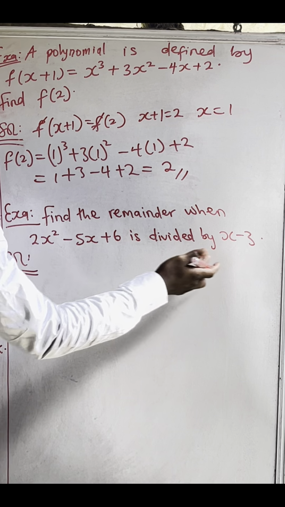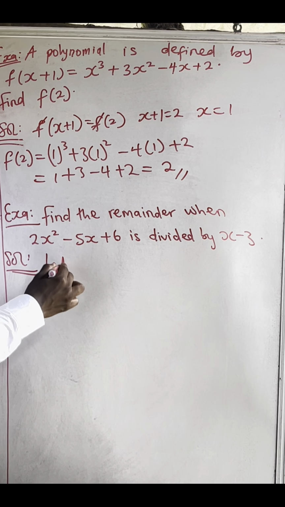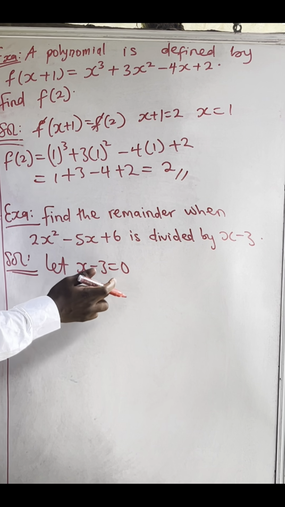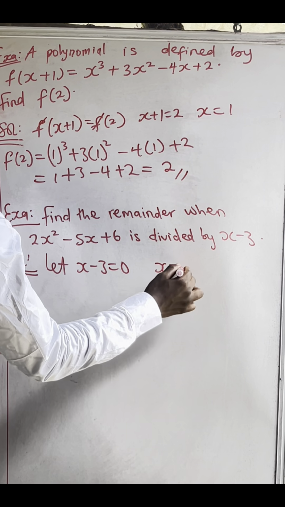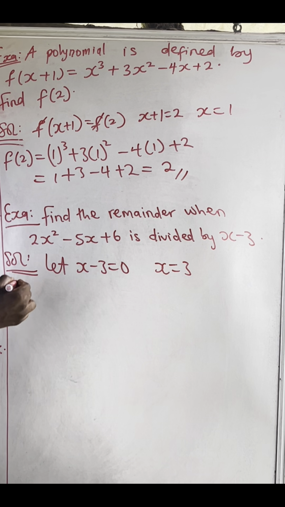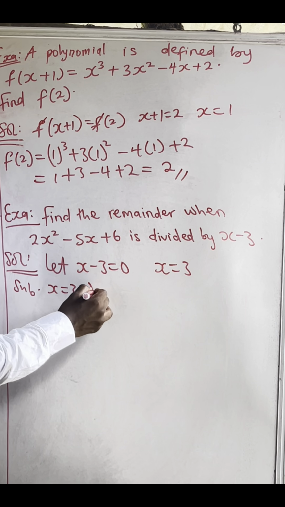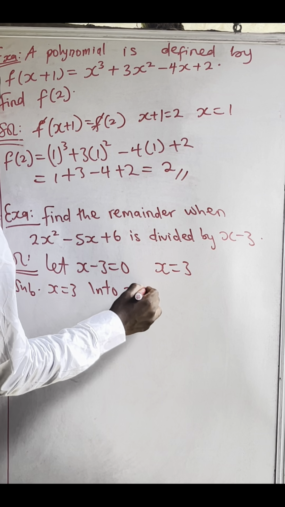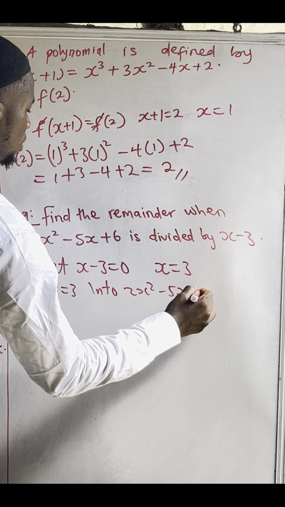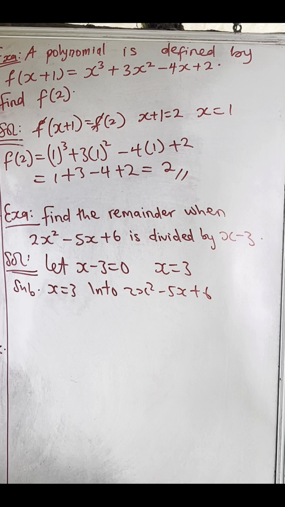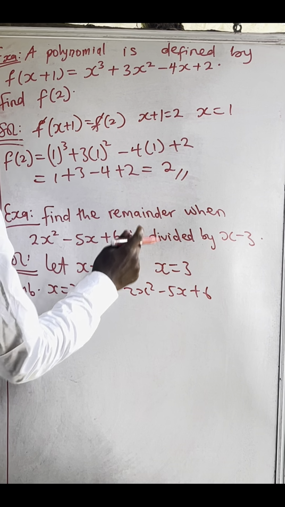What you are using to divide, just say let x minus 3 equal 0. So once x minus 3 equals 0, then x will be equal to 3. Are you there? So substitute x equals 3 into 2x squared minus 5x plus 6. After the substitution, any value you get will be the remainder we are looking for.